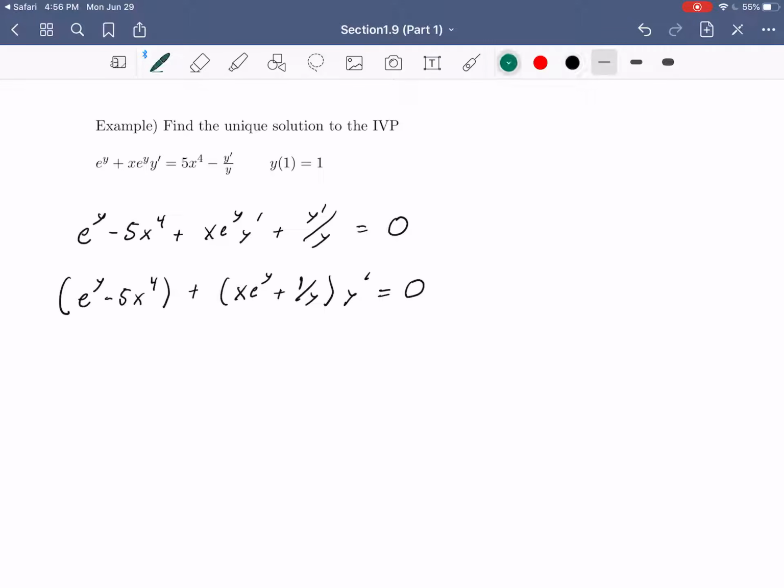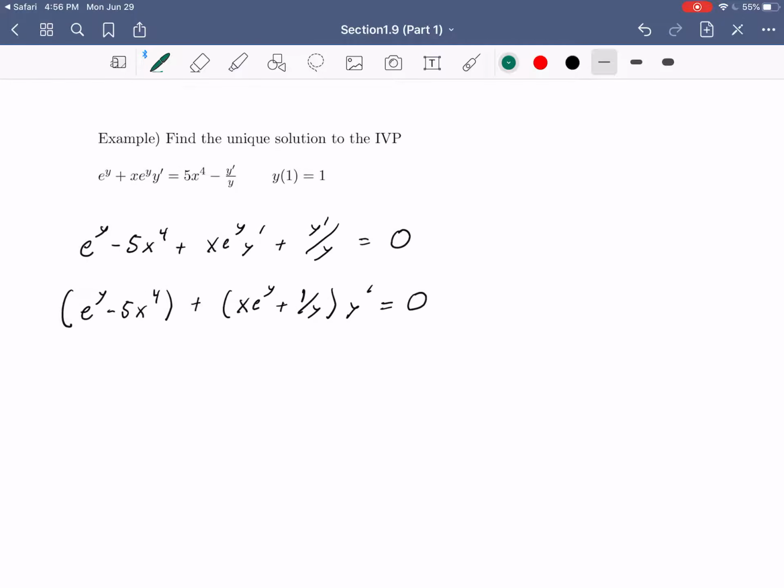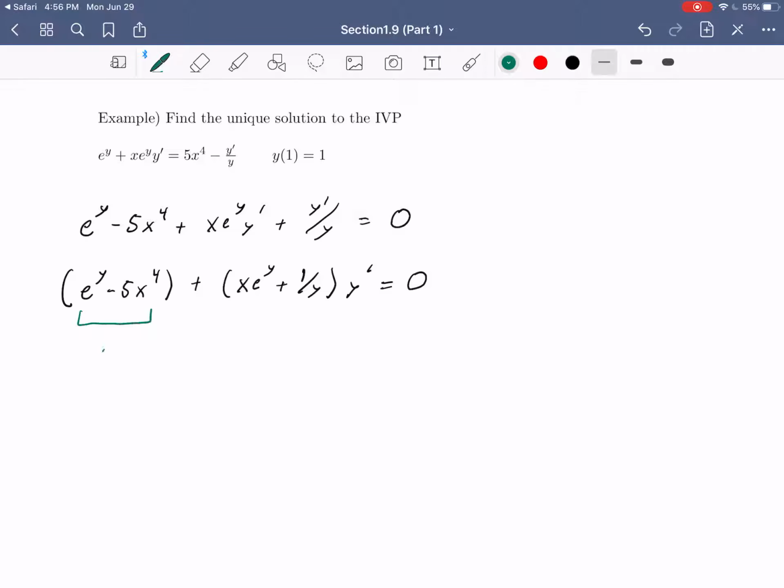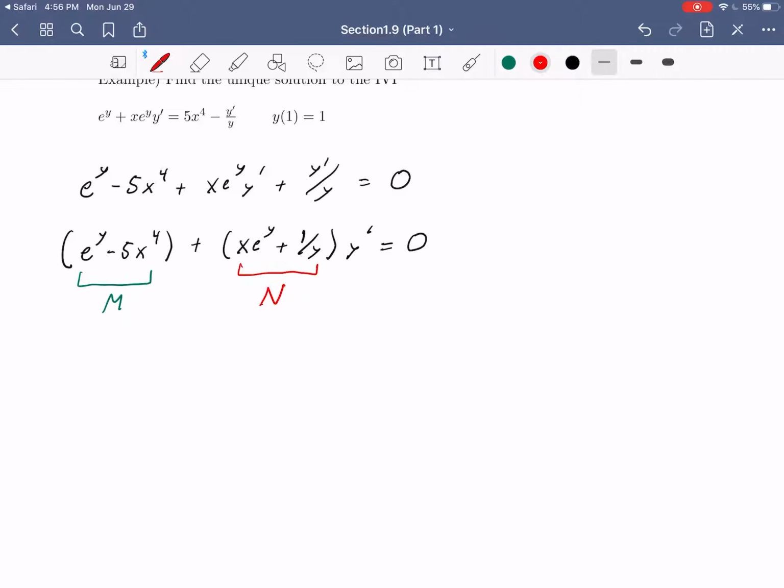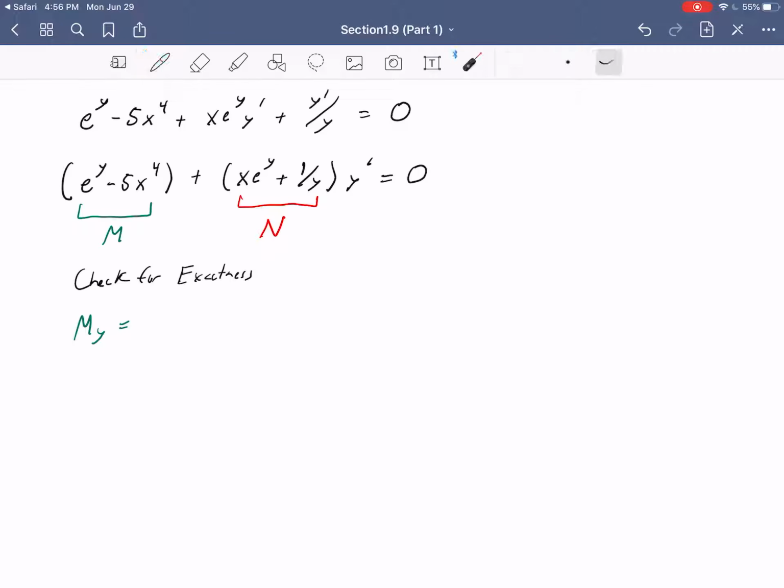Now, in our notation, this is what we would call the M, and this right here is what we would call the N. So let's do our check for exactness. Our M_y, the partial with respect to y of this piece: the x is treated as a constant, so it just drops out, and we get e to the y.